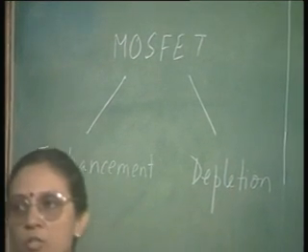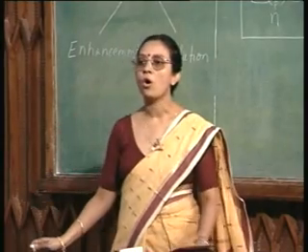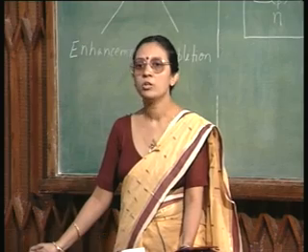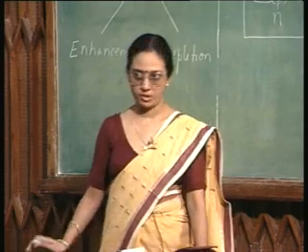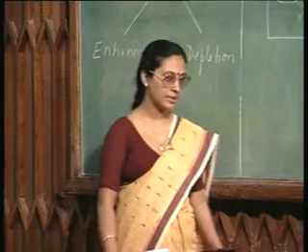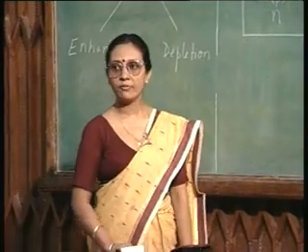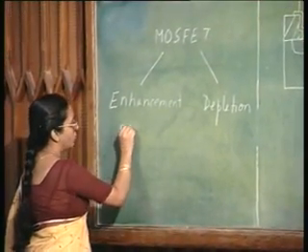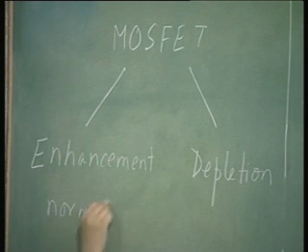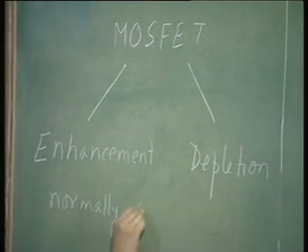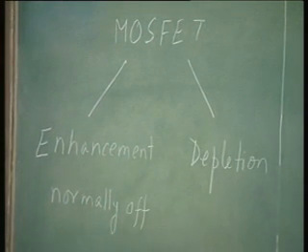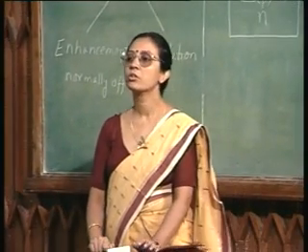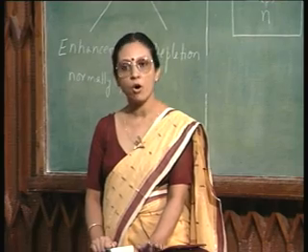Enhancement mode MOSFET or normally off MOSFET, depletion type MOSFET or normally on MOSFET. What do I mean by these terms? I mean that if it is an enhancement mode, that is normally off, which means when no gate voltage is applied, this MOSFET is not conducting, this MOSFET is off.